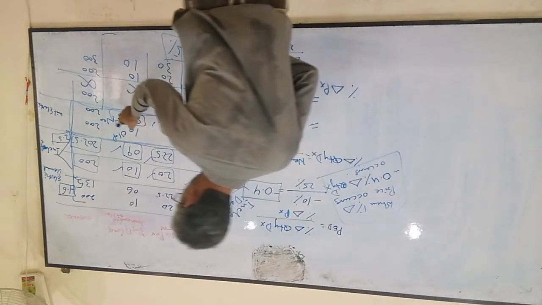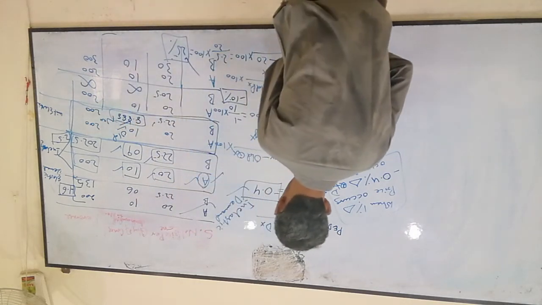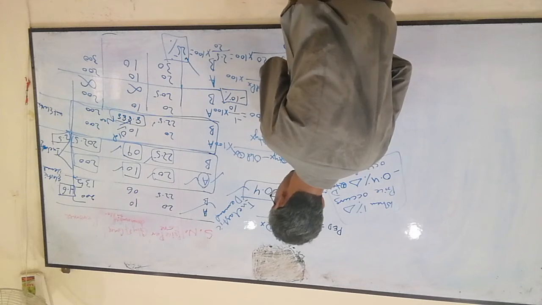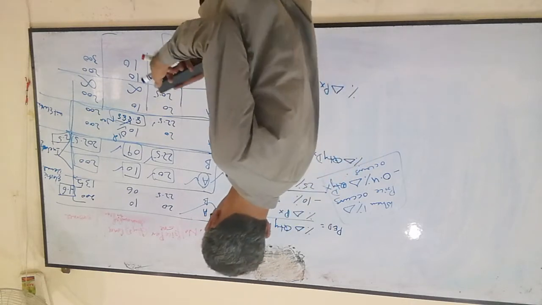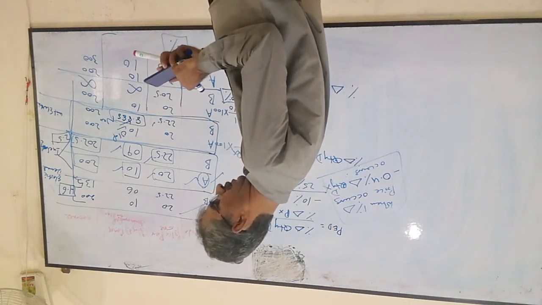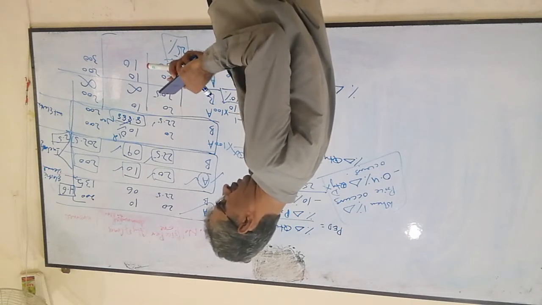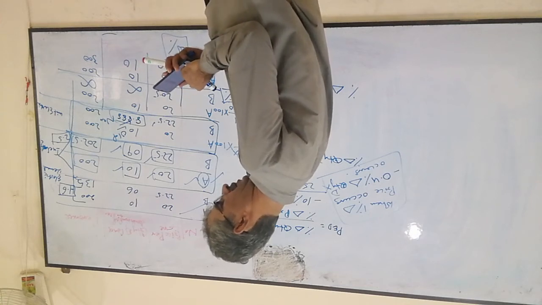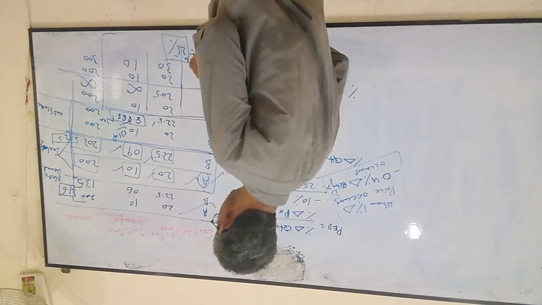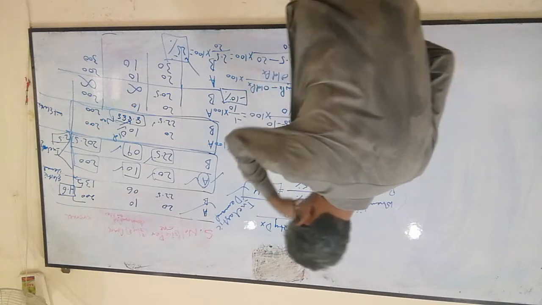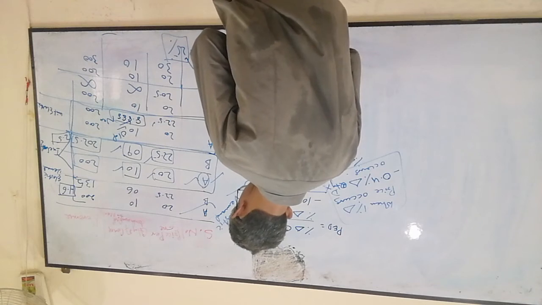So what is the percentage change in quantity? The new quantity is 8.888 minus the old quantity 10, divided by the old quantity 10, multiplied by 100.